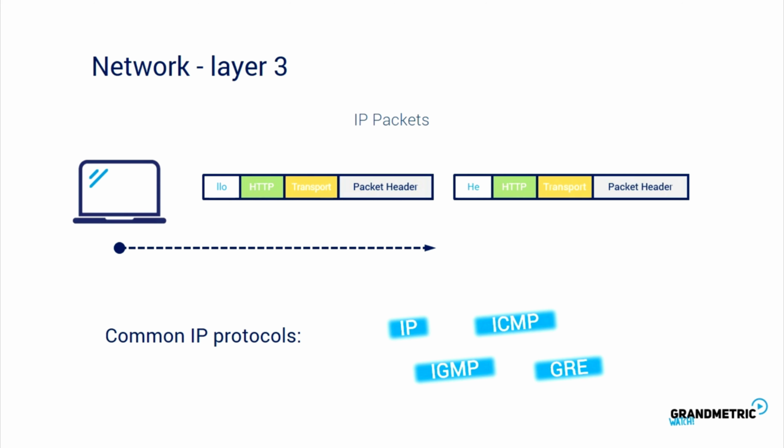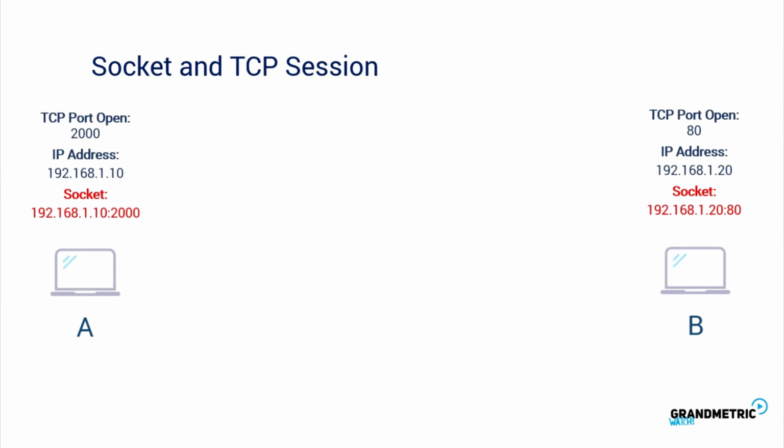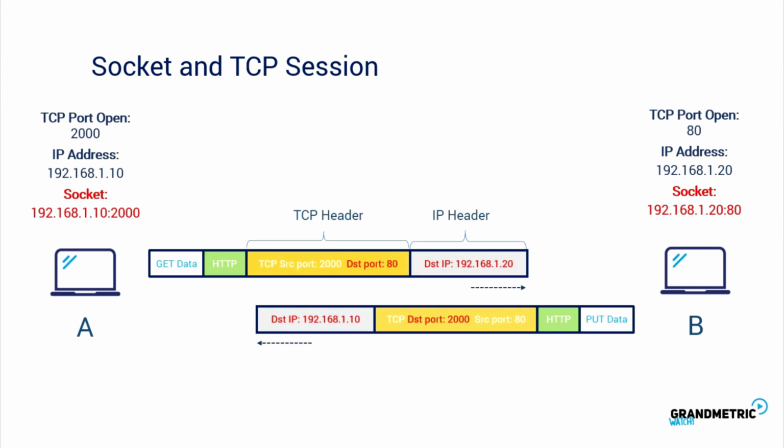Because transport protocols use port information and packets use IP addresses, we now have 4 parameters describing a connection: source IP, destination IP, source port, and destination port. So on a particular host taking part in communication, there is one port and one IP address open for each session. The combination of a layer 4 port and a layer 3 IP address is called a socket.